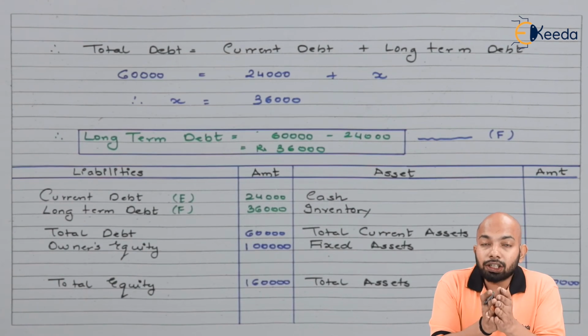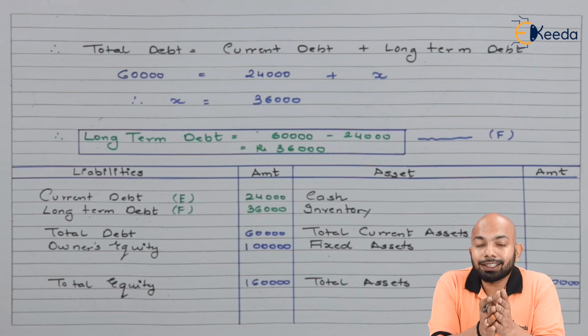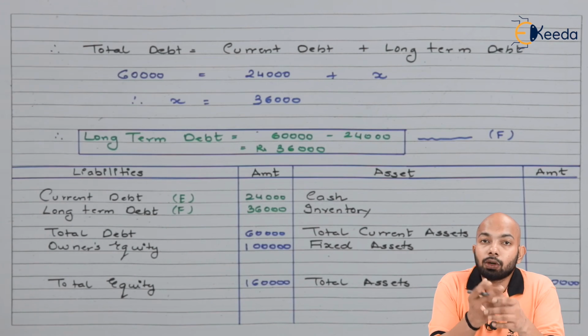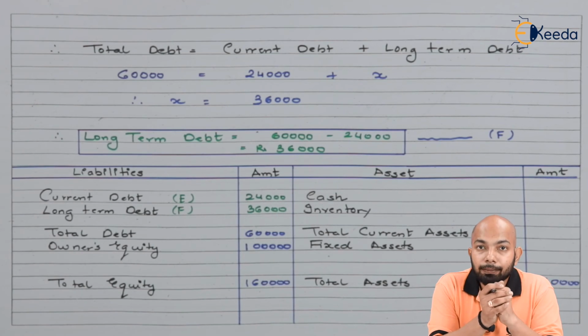So if we see total debt, 24,000 plus 36,000 will give you a total of 60,000, which is equivalent to the total debt. That's what we actually meant. Now the liability side has already been prepared, the asset side is supposed to be filled in.